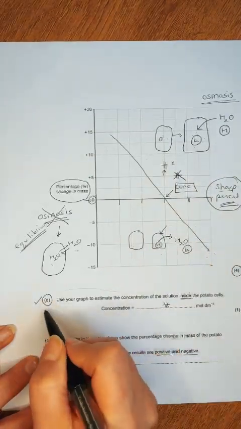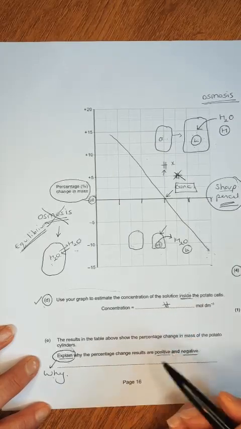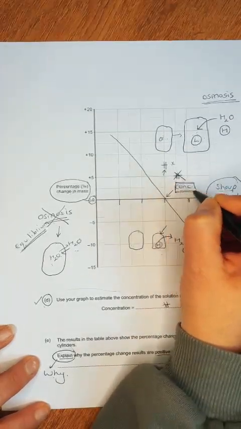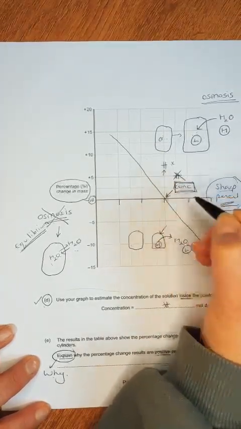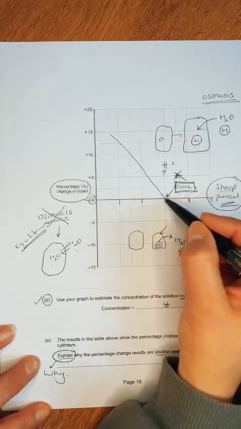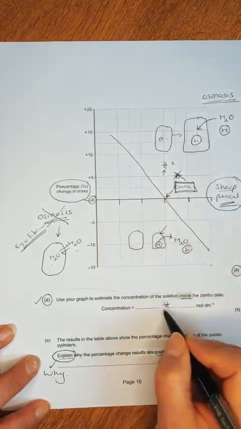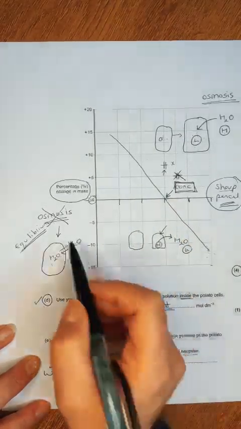So the second part is use a graph to find the concentration of the solution inside the potato cell. That is this point here. Wherever your lovely line of best fit with a pencil crosses your x-axis, that is what is needed in this answer here. Why?